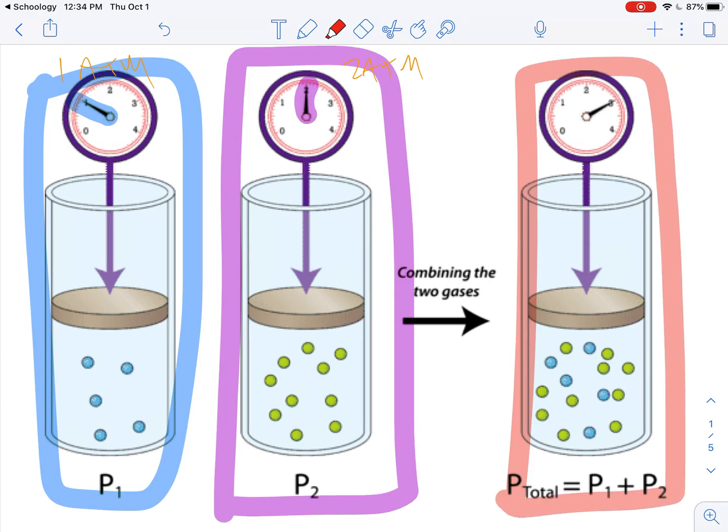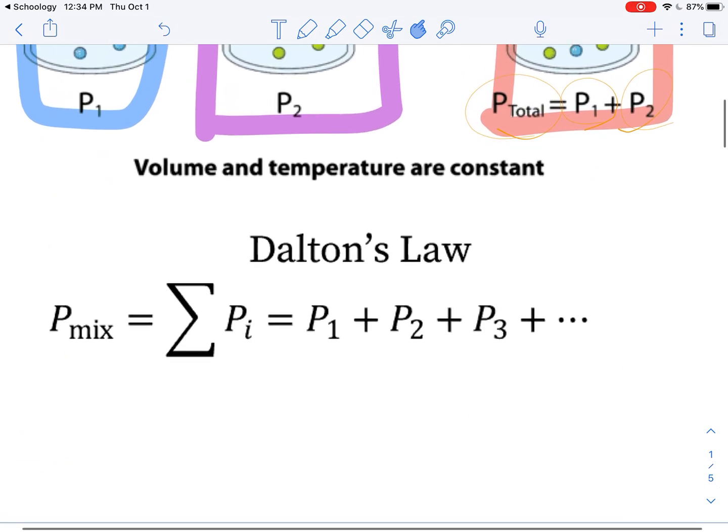Well, it's not too much of a shock for us to figure that, assuming there is no chemical reaction between the two different substances, the 1 atmosphere and the 2 atmospheres are added together to give us a total of 3 atmospheres for our last guy. The simple fact is that the total pressure is equal to P1 plus P2. This is called Dalton's law.